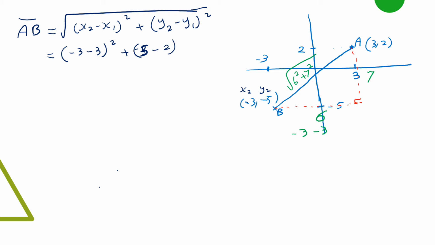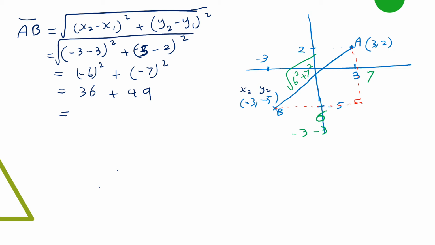(-5 minus 2) squared, and that gives me (-6) all squared plus (-7) all squared, and obviously that gives me 36 plus 49. So as you see, because we're squaring, it doesn't really matter if we do this -6 or 6, but I've written it here as a +6 because it's the length of a line. Okay, and then you get the answer.